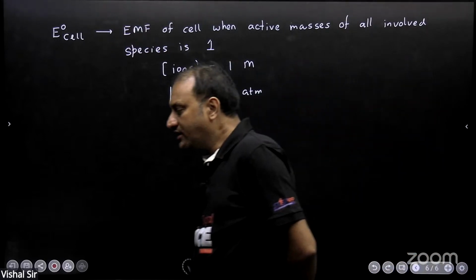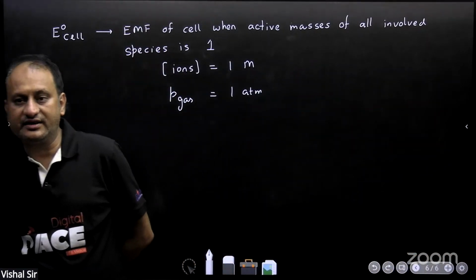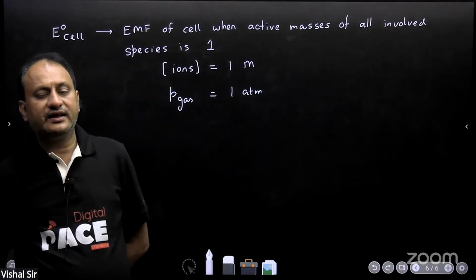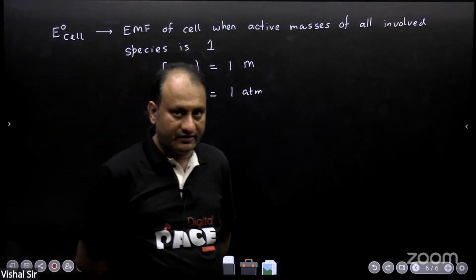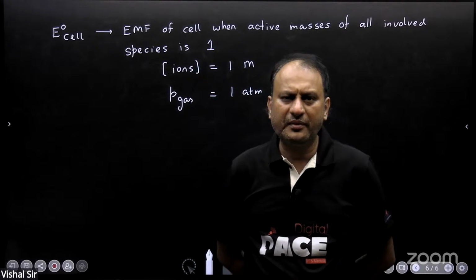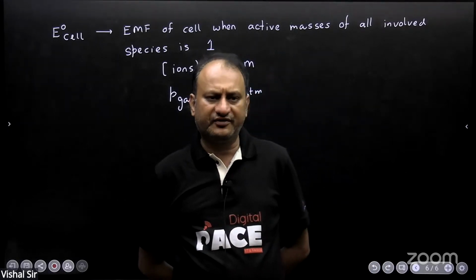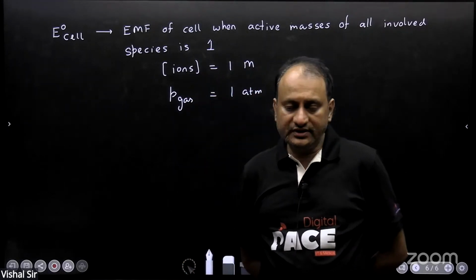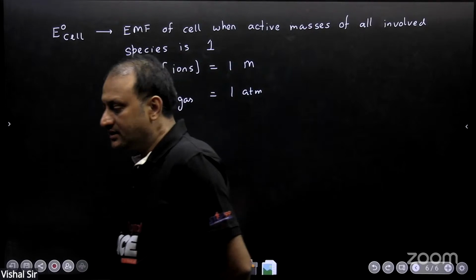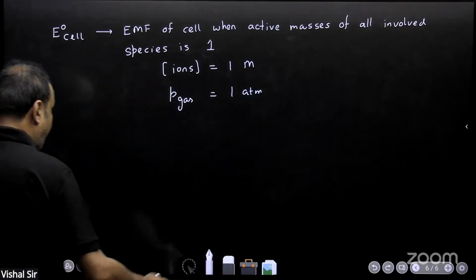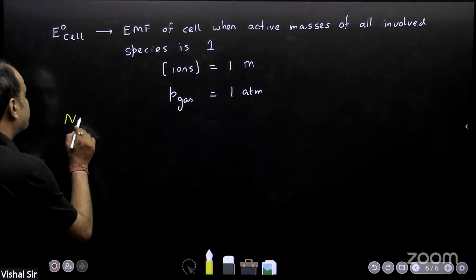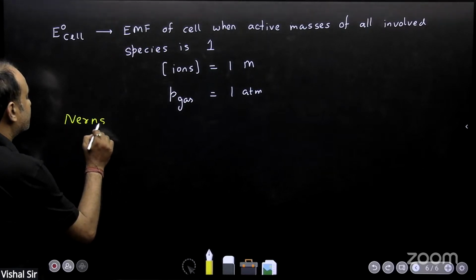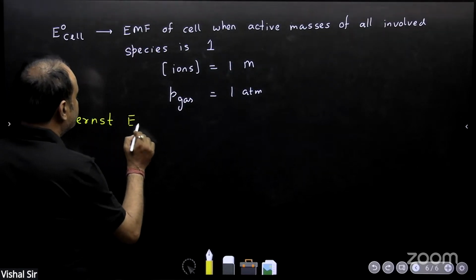But it is not necessary that whenever we will construct a half cell, that active masses will always remain 1. They might change or we might from starting put a different value. So in such cases, to calculate EMF of cell, we use an equation which is called Nernst equation.